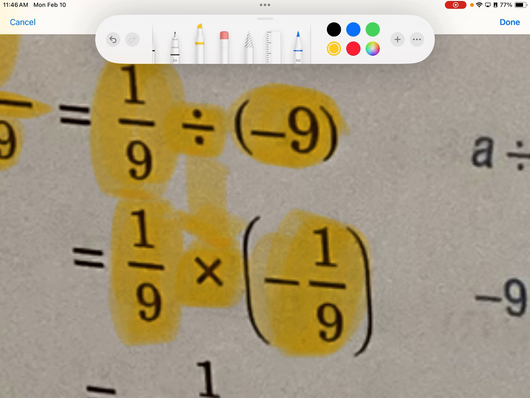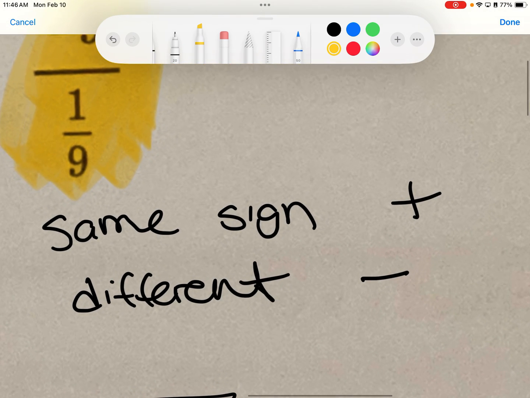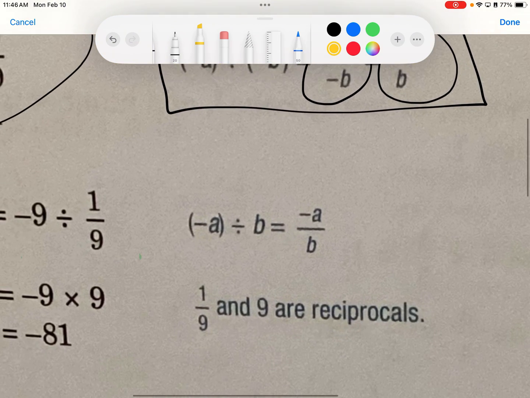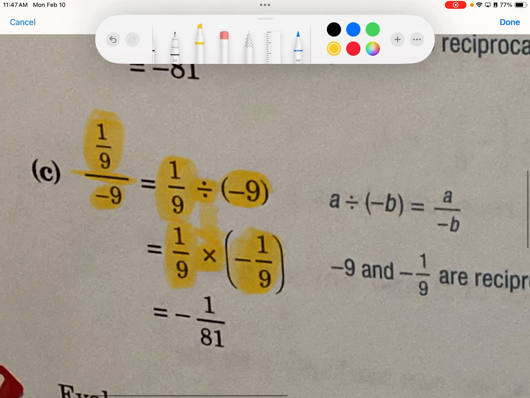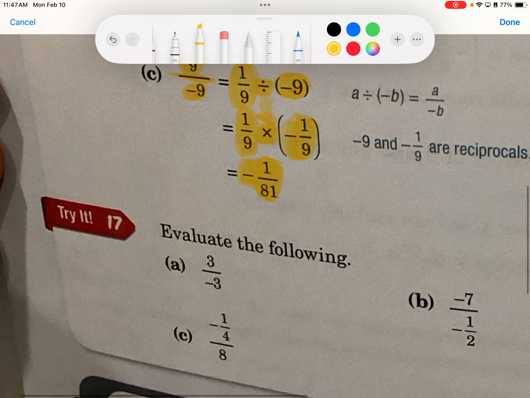So when we do this, we multiply straight across. And because we have different signs, we're going to end up with a negative number. And you are correct. -1/81.